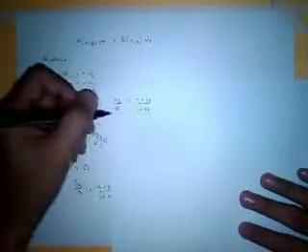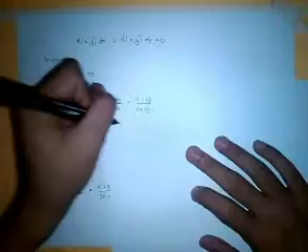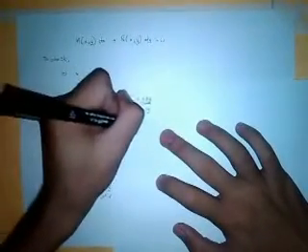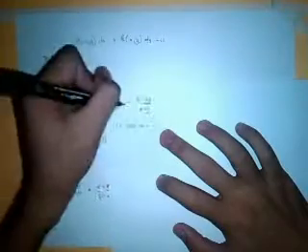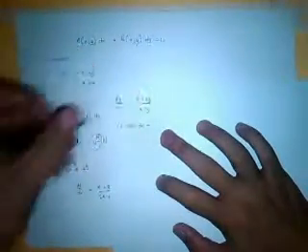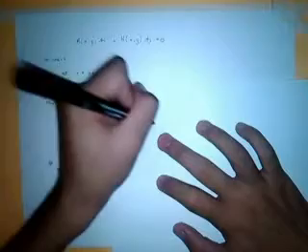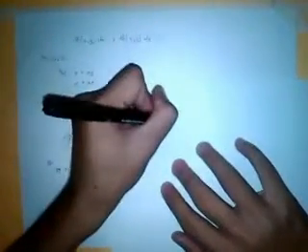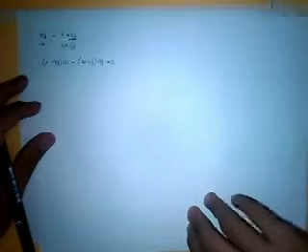It becomes (x plus 2y) dx minus, because we transpose it, (2x plus y) dy is equal to 0.